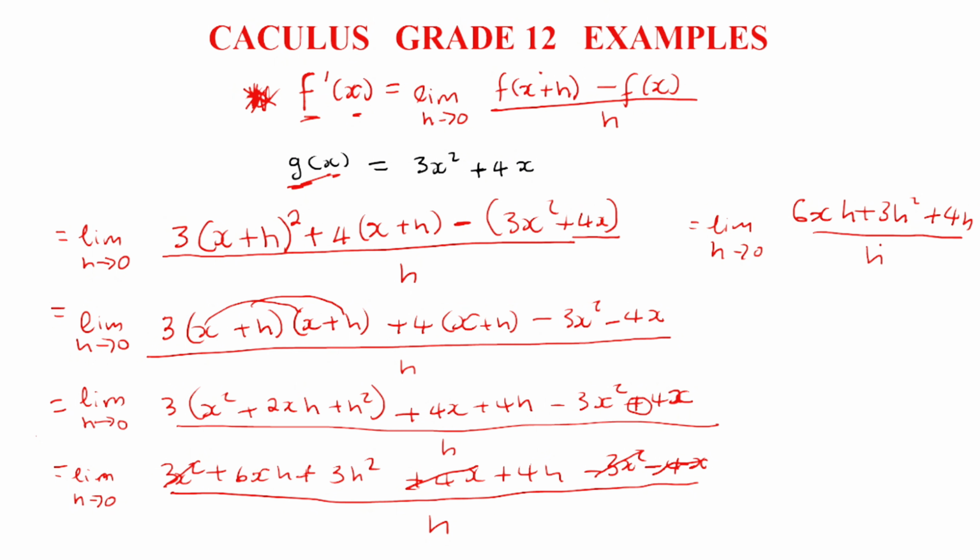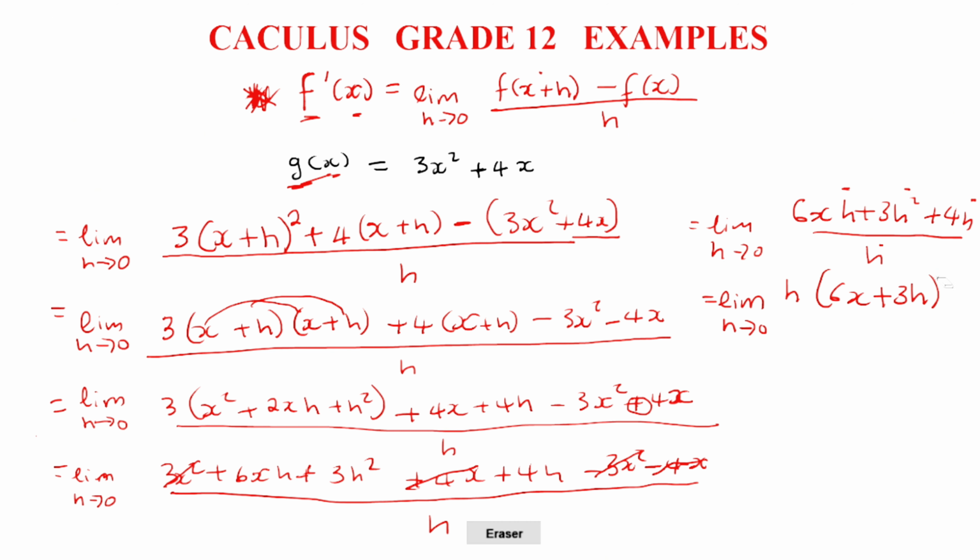I've got h here, h squared there, and h here, so we can definitely take out h as a common factor. Here, from 6xh we're left with 6x, and from 3h squared, we remove one h and we're left with 3h.